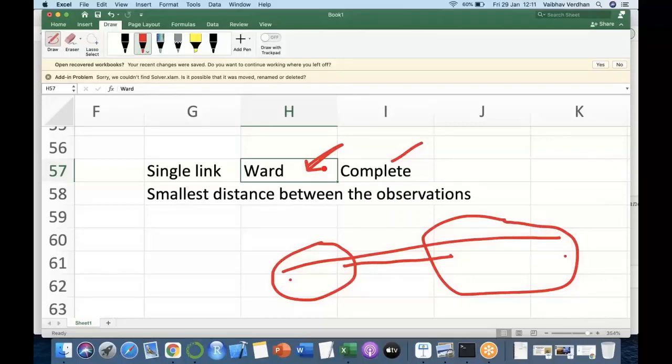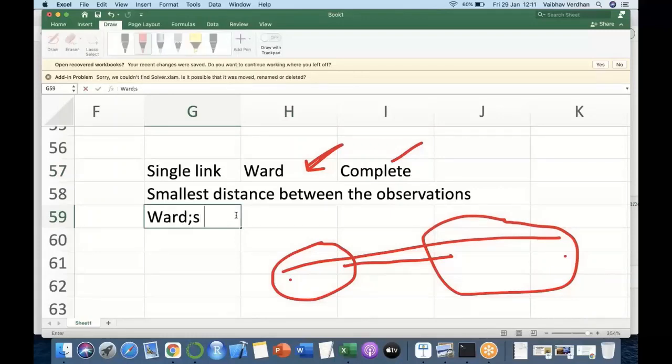Okay, and that is why this method was given by Ward, and that's why it's called Ward's method. Right. So this is the Ward's minimum method.